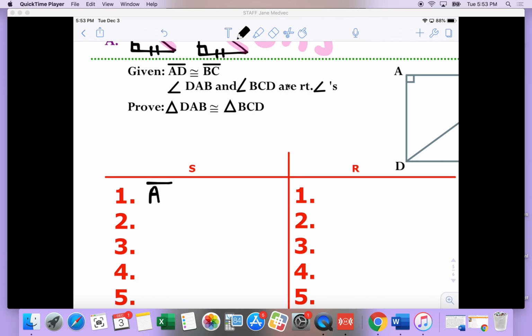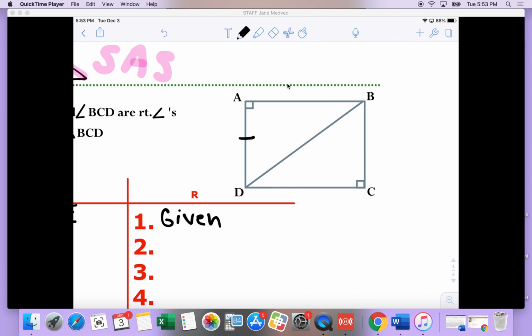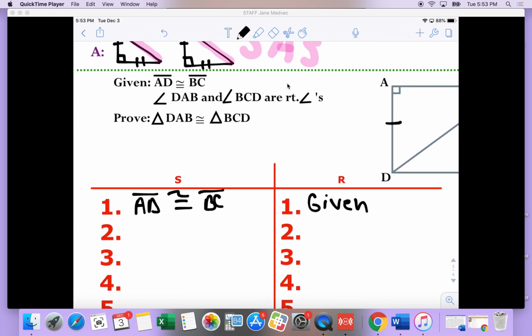So AD is congruent to BC, and that's given. And I'm going to mark up my picture. And then angle DAB and angle BCD are right angles.